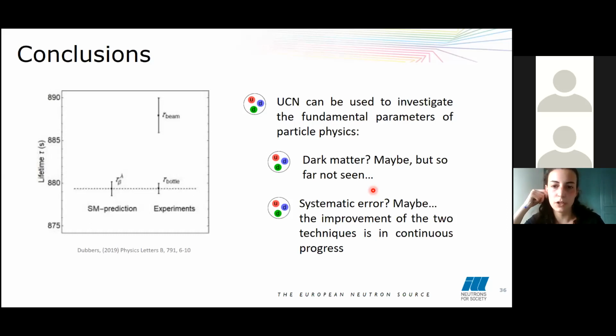For example, measuring electrons instead of protons, which is not easier, but it's in principle a different experiment from counting the protons. The anomaly is not fully understood yet.